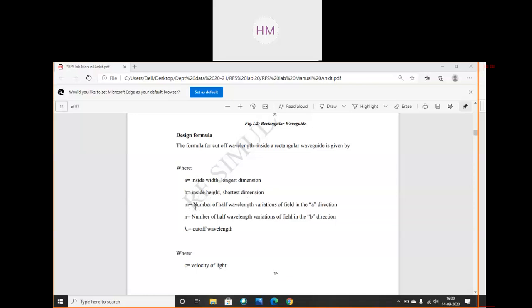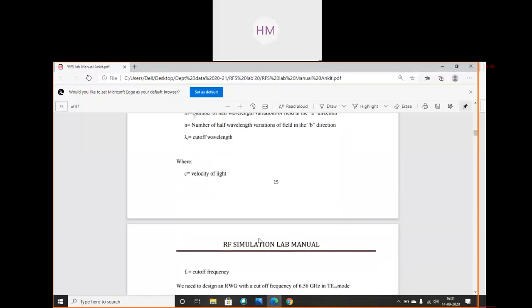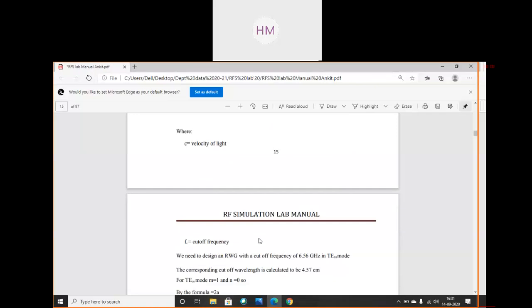Small m and small n, below lambda c you have to write the subscript mn. m is the number of half wavelength variations of field in the a direction. n is the number of half wavelength variations of field in the b direction. Lambda c is the cutoff wavelength, where c is the velocity of light.